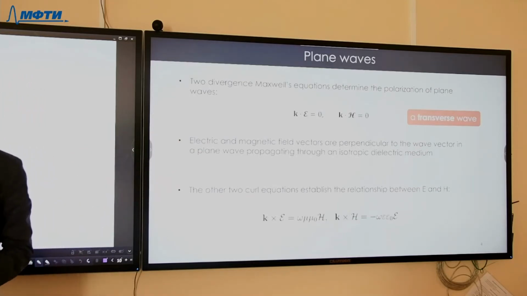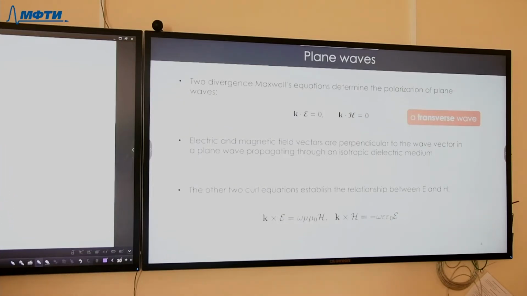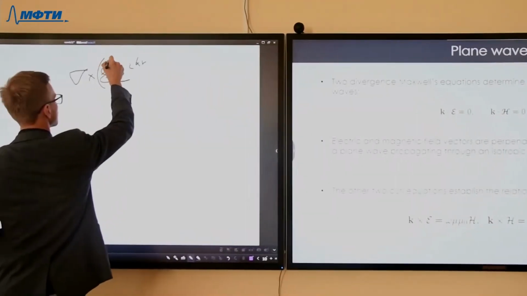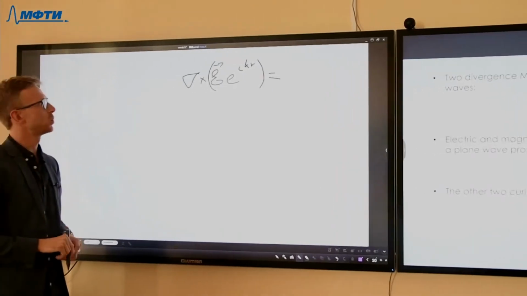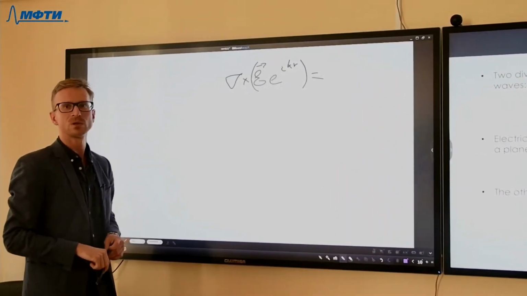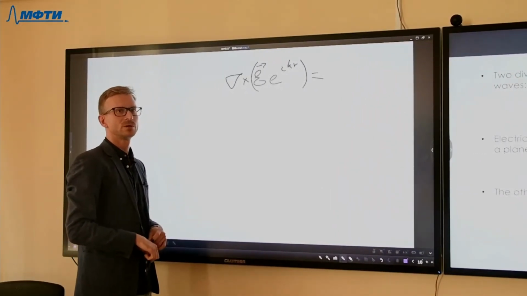And in the monochromatic case, these two equations can be written in the following form, where I made use of the fact that the curl of this equals, can someone tell me what it equals?